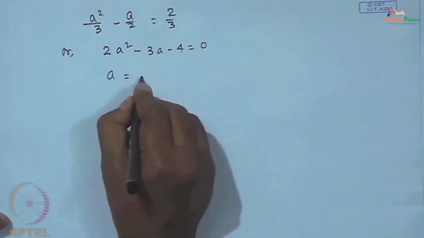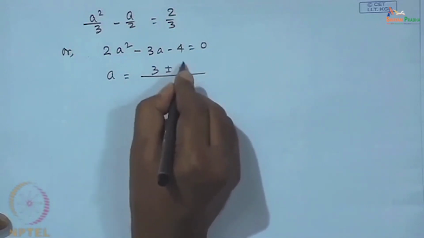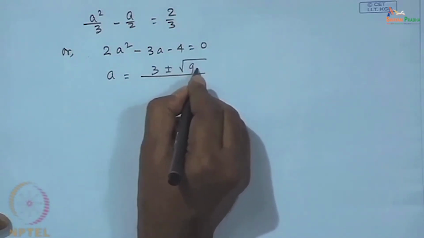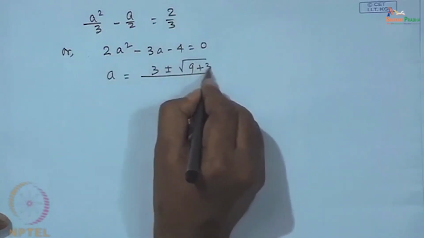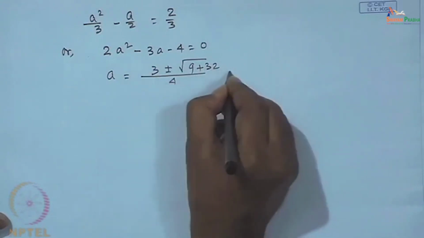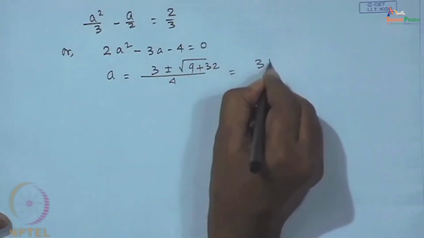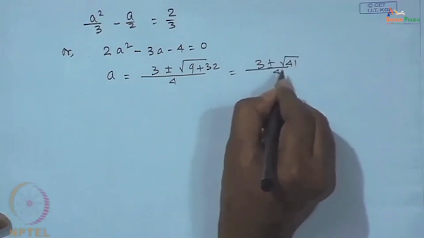So, we will be getting the value minus b, so it is plus 3 plus minus under root b square minus 4ac, 32, divided by 2a, 2 into 2, that is 4. So, a is equal to 3 plus minus root over 41 divided by 4.